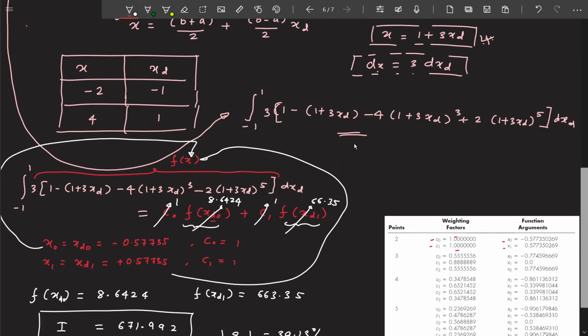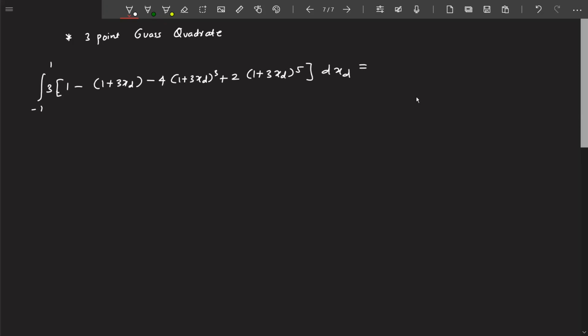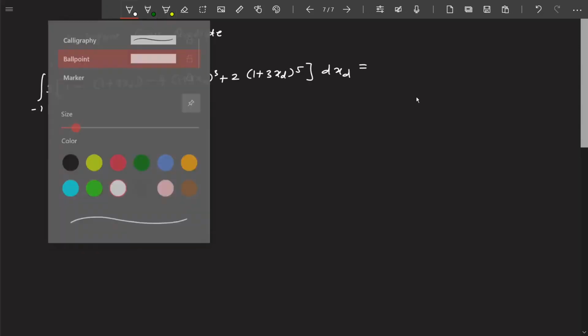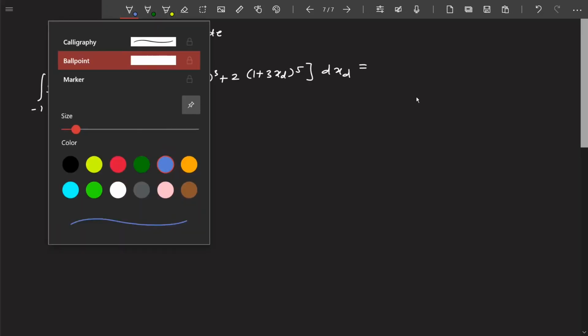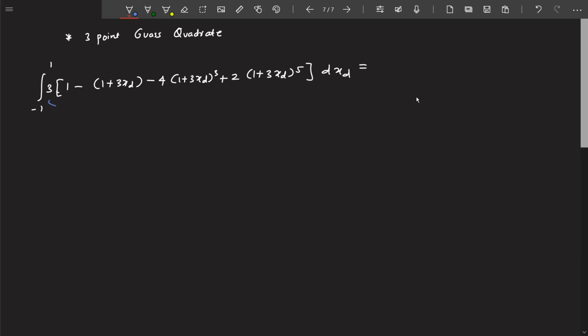Let's move on to the next page. So let us solve it by three-point Gauss Quadrature. Somehow I am successful in writing down the whole thing. Again, always remember, the whole thing is going to be your f of x.